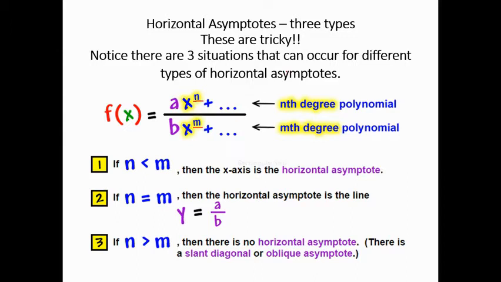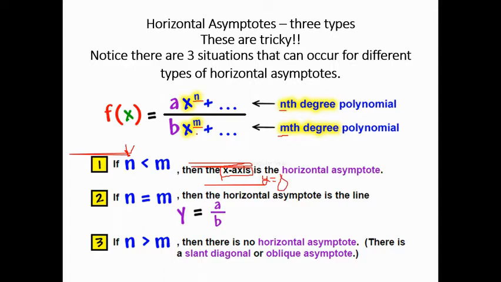So notice that the numerator has the nth degree polynomial while the denominator has the mth degree. So if your numerator has a degree that's less than the denominator, then the x-axis is the horizontal asymptote. So in other words, your y is going to be equal to 0.